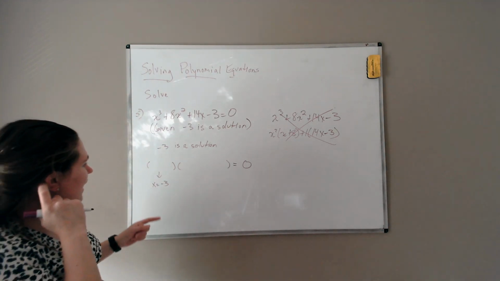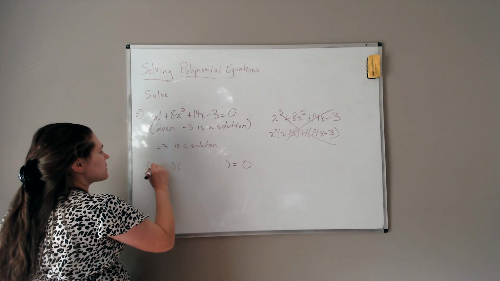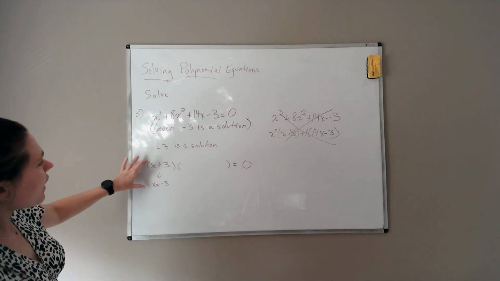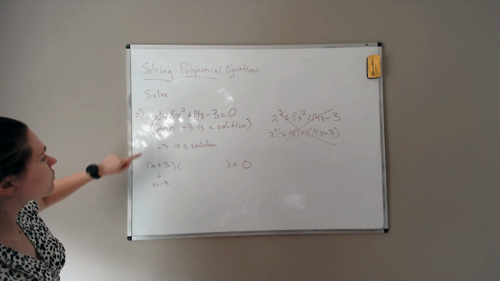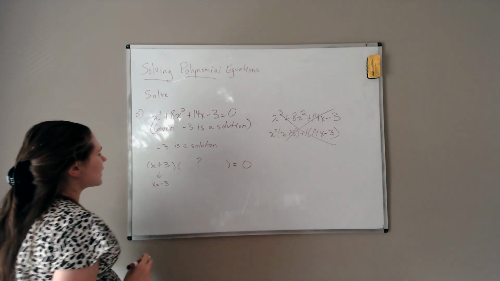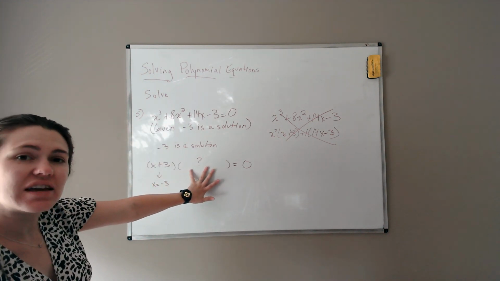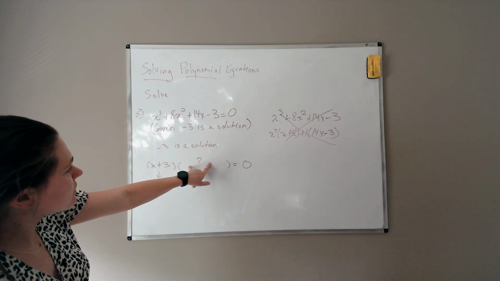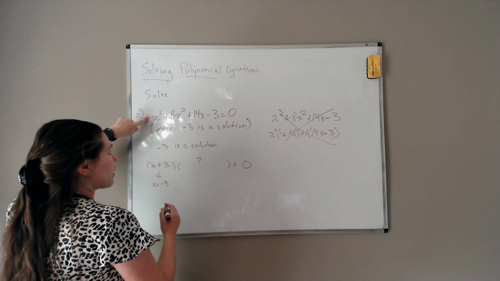What factor would produce the solution of negative 3? That would be x plus 3. If you know the solution, you know one of the factors. If this is a linear factor and this is a 3rd degree, that means the other is a quadratic factor. So how can I find the missing factor? Well, I divide out x plus 3 from my 3rd degree polynomial.